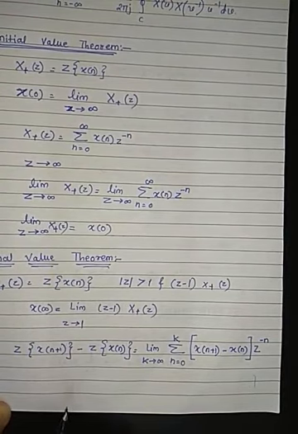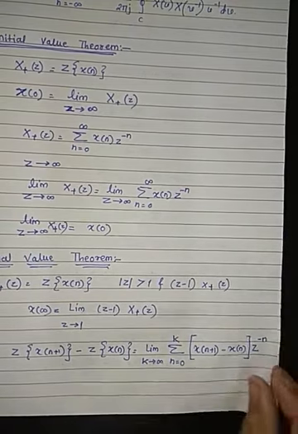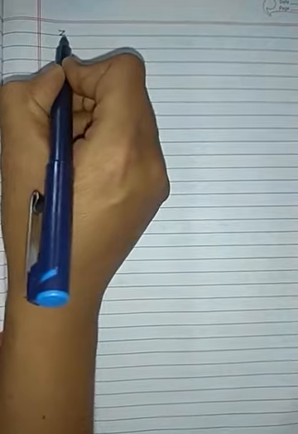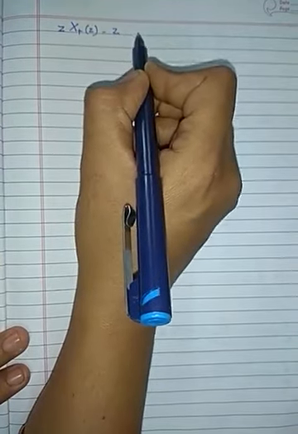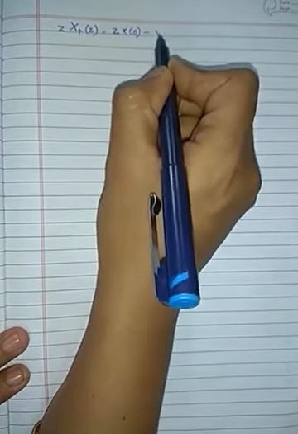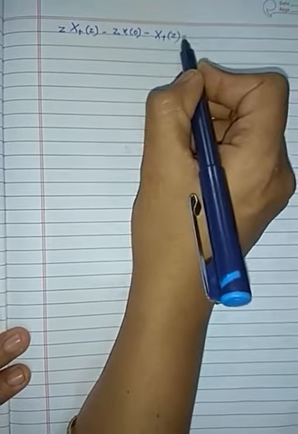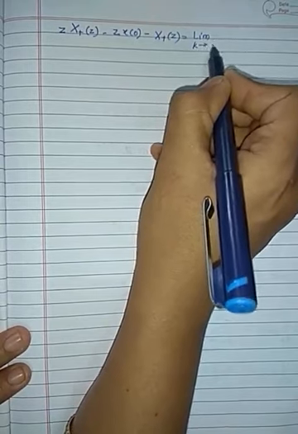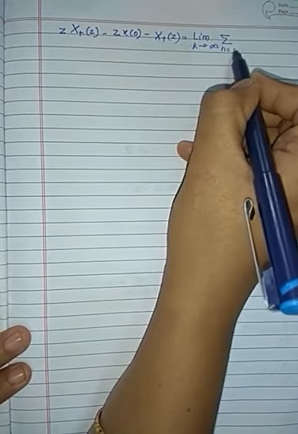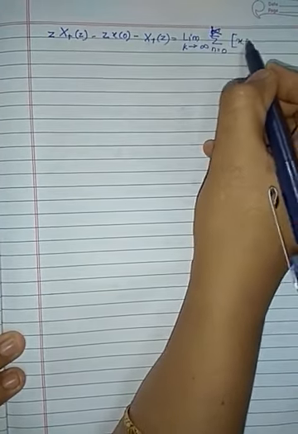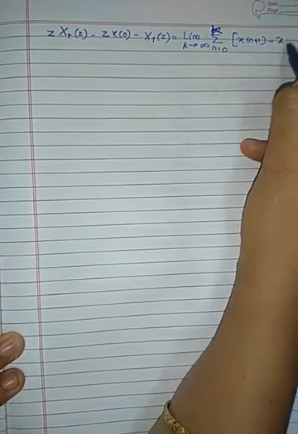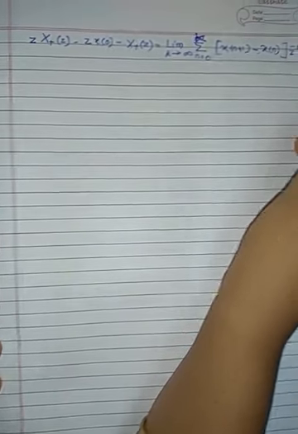Okay, so here replacing the values, we have z into X plus of z minus z x of 0 minus X plus of z is equal to the limit as k tends to infinity of the summation from n equal to 0 to k of (x of n plus 1 minus x of n) into z raised to minus n.